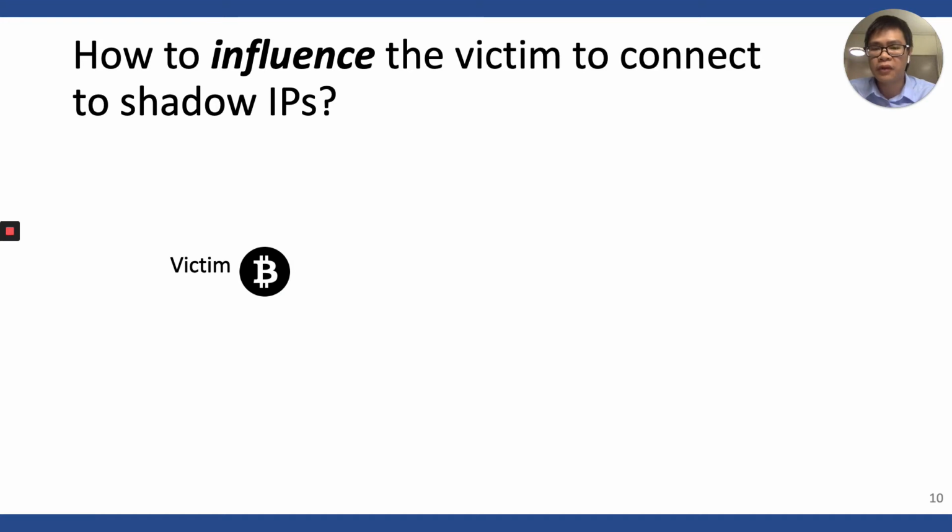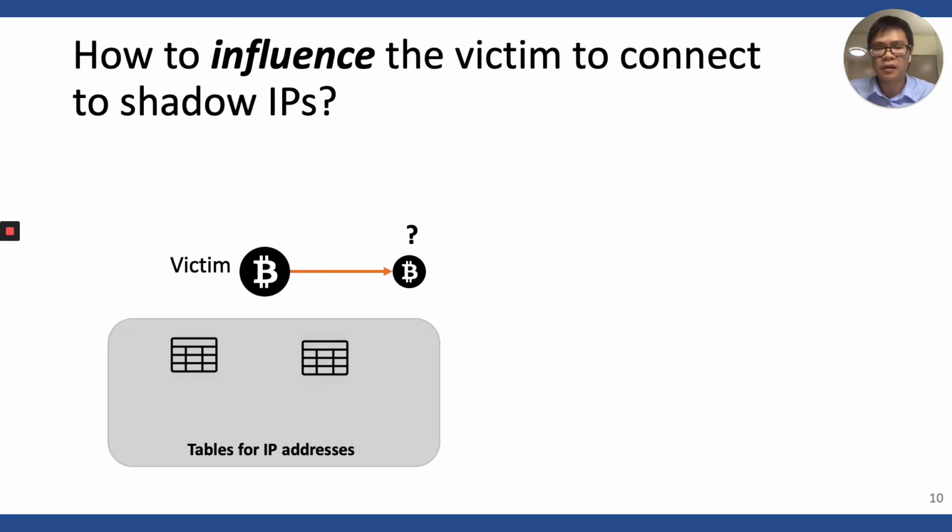Before knowing how to influence the victim, we need to know how a Bitcoin node opens an outgoing connection. Basically, Bitcoin nodes store the IP addresses of other peers in two tables. The two tables are the new table, which stores all IPs this node learned from other peers, and the tried table, which contains the IPs that this node has connected to in the past.